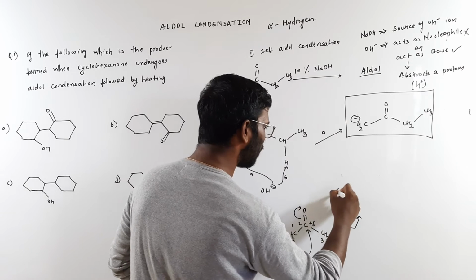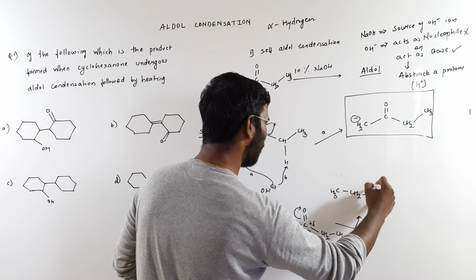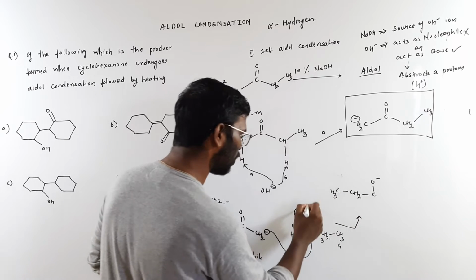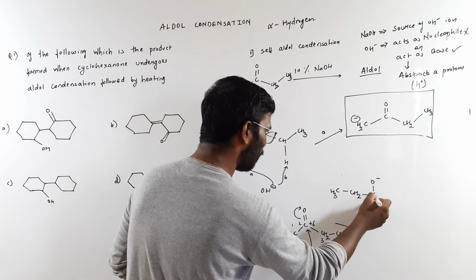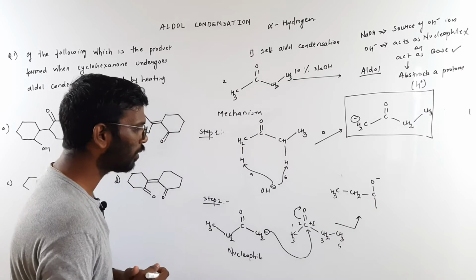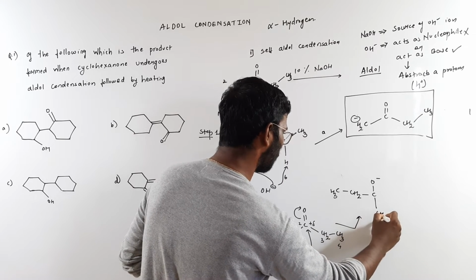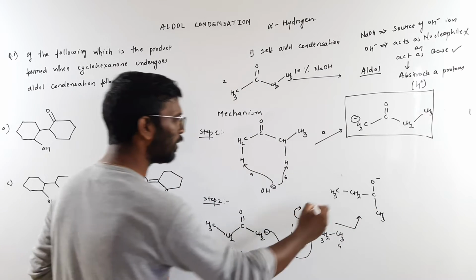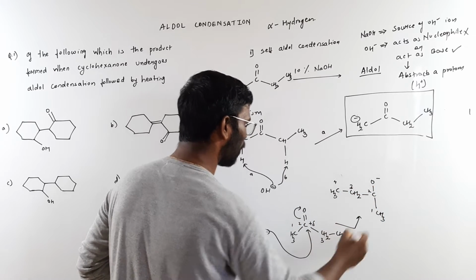So I am writing CH3, then CH2, then C double bond O minus, because this is the pi bond which is going to shift, this is O minus, and the other is this CH3 I am writing over here, right? So this is carbon 4, carbon 3, carbon 2, and carbon 1.